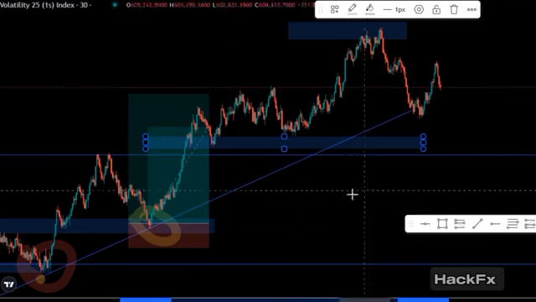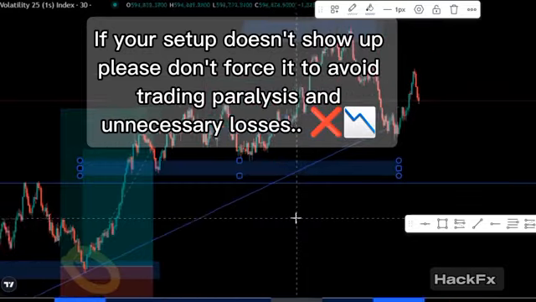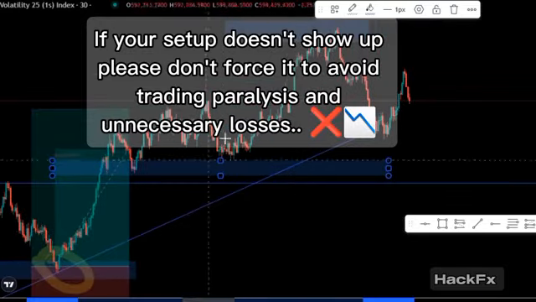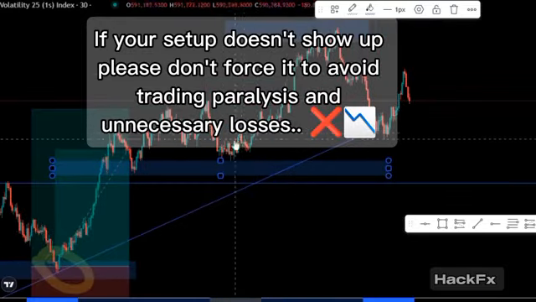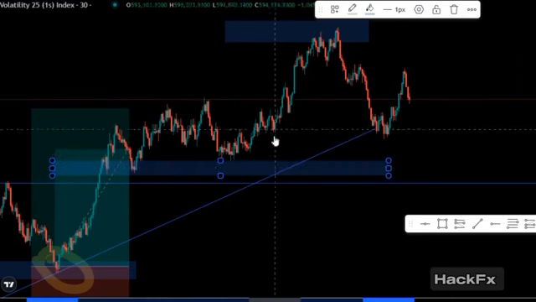So listen, if you don't see entry, you don't have to take trades. If your setup doesn't show up, don't take trades. Okay, so in this case I would advise you to stay out of the market, because the market seems to be consolidating at this point.